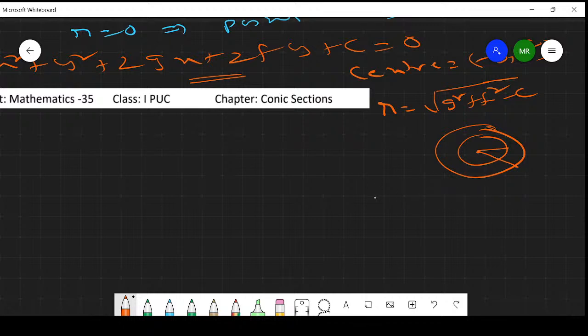I will tell you about concentric circles. One equation is x square plus y square plus 2gx plus 2fy plus c1 equal to 0.